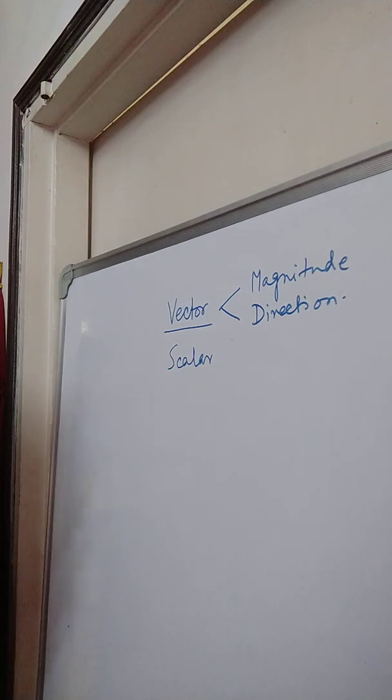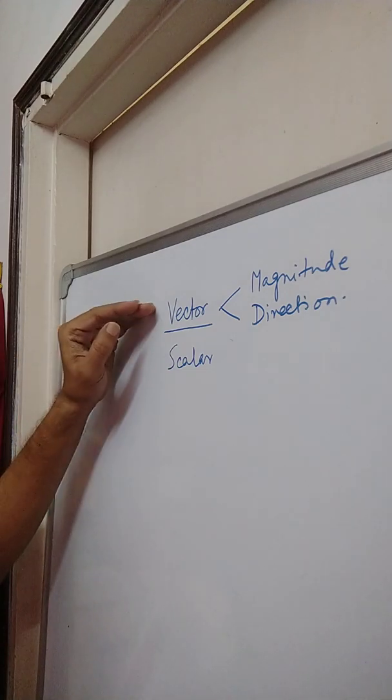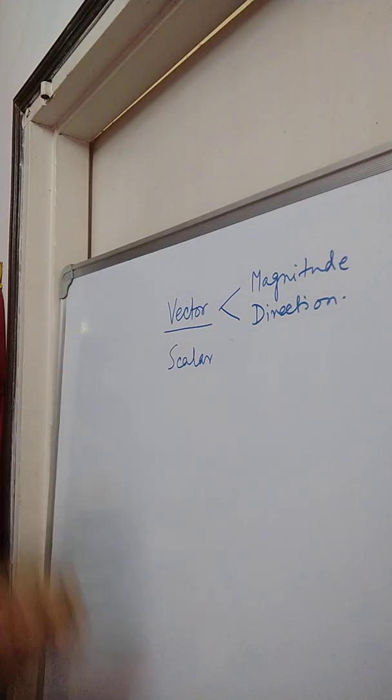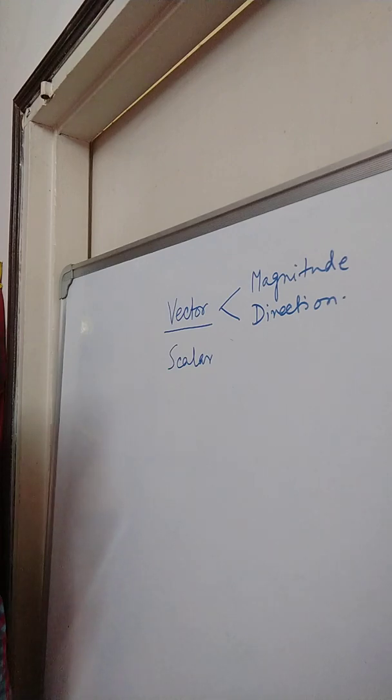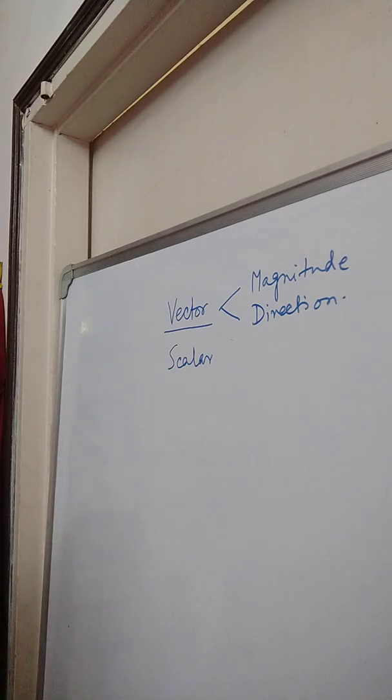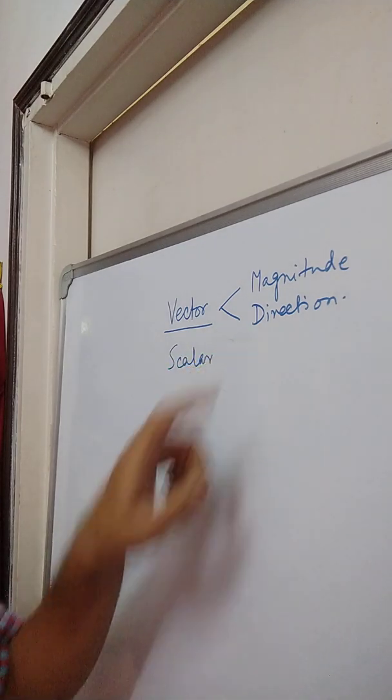The simplest example of physical quantity which differs a vector from a scalar is the weight of an object and mass of that object. We all know that weight is the gravitational pull, so it is always directed towards the center of earth and it has got a direction.